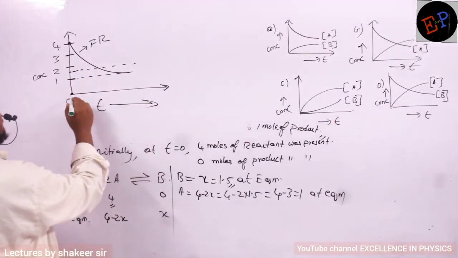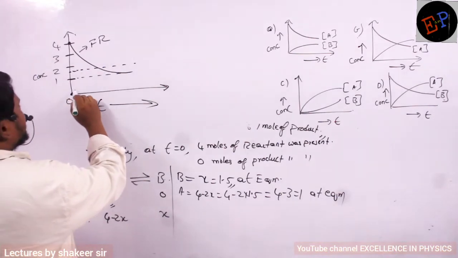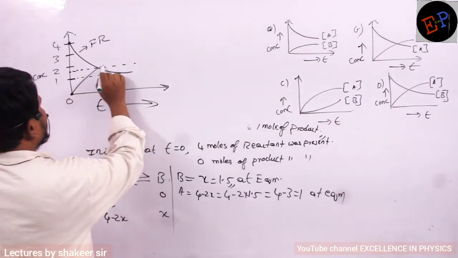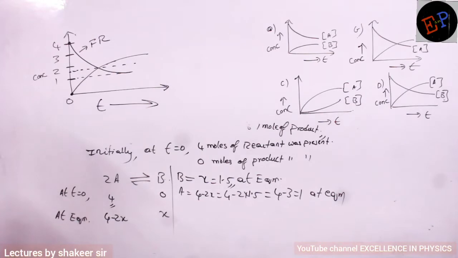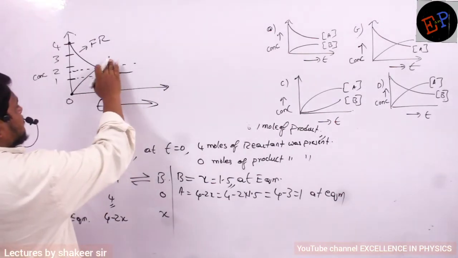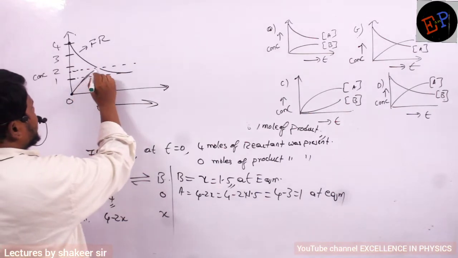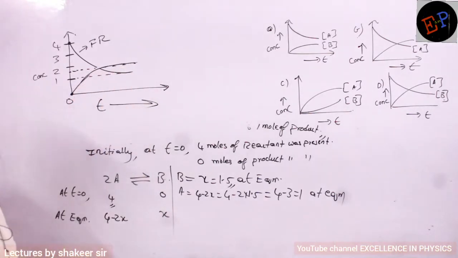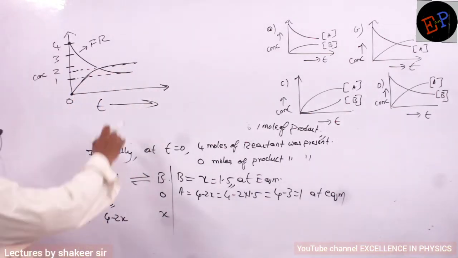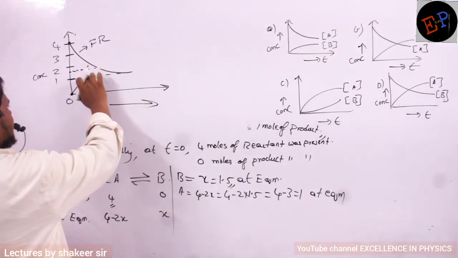It means I have to draw the graph like this. It should not exceed beyond that value. So the graph will be somewhat like this. I think we can draw some more better.